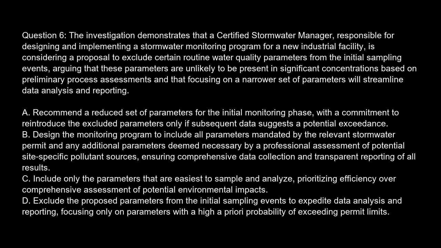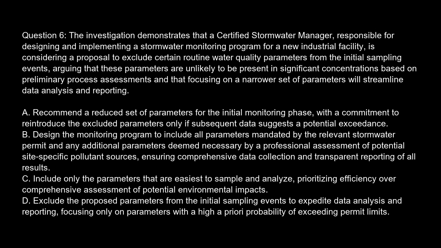Option A. Recommend a reduced set of parameters for the initial monitoring phase, with a commitment to reintroduce the excluded parameters only if subsequent data suggests a potential exceedance. Option B. Design the monitoring program to include all parameters mandated by the relevant stormwater permit and any additional parameters deemed necessary by a professional assessment of potential site-specific pollutant sources, ensuring comprehensive data collection and transparent reporting of all results.